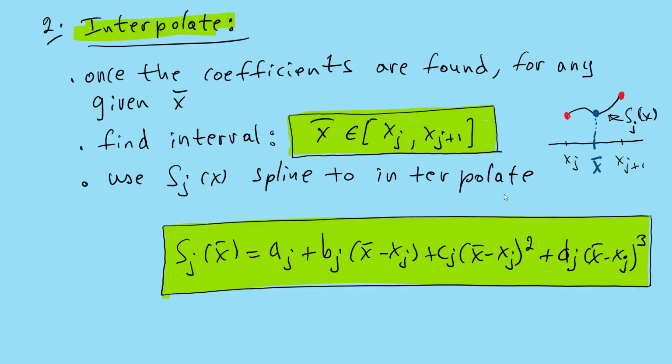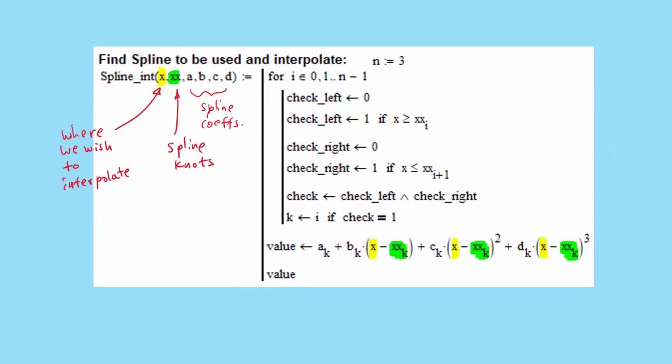For example, if x belongs to S sub 1, we use this spline function, and then we evaluate it, or find the value at x bar, by using these cubic equations. This is about the coding for finding the locations, to understand which interpolation you have to use, or which interval x is located in.